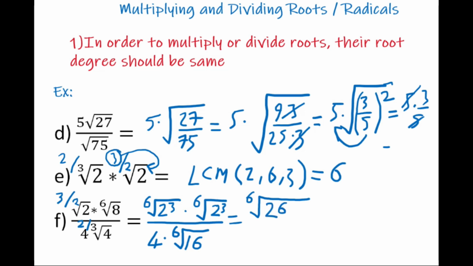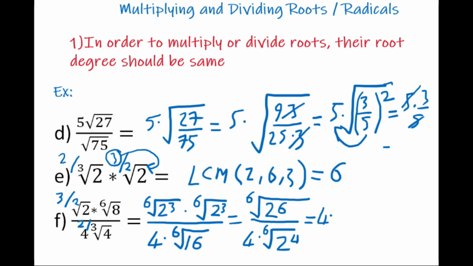We already learned this before. In such multiplication, if the bases are the same, we just add the powers, the exponents, divided by 4 times the root, of course this is 6th degree. 16 can be written as 2 to the power of 4, right? We already know this.